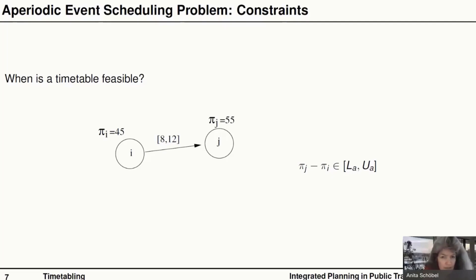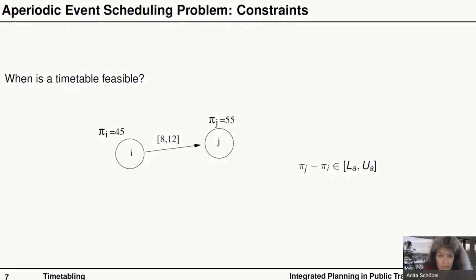This can be checked easily: if we arrive at 9:55, for example, and we depart at 9:45, I just have minutes here, so you can take any hours you like, then it would be 10 minutes. And 10 minutes is in the interval between the lower bound 8 and the upper bound 12 minutes.